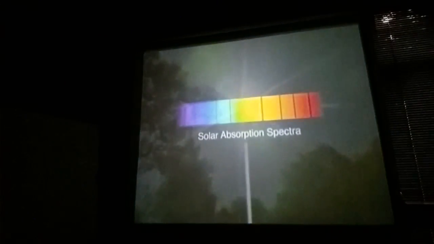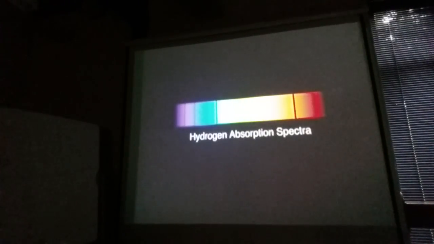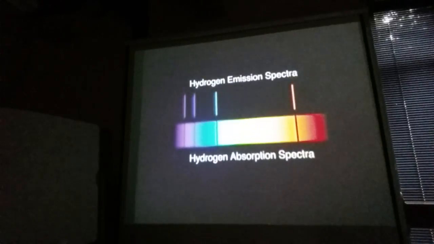What does this have to do with the sun? The dark lines we have seen in the sun's spectra are direct evidence that hydrogen atoms are absorbing energy from the sunlight. Why? Because they match, line for line, the emissions in the laboratory.